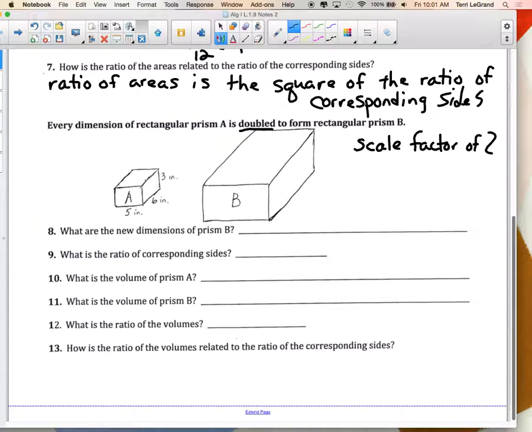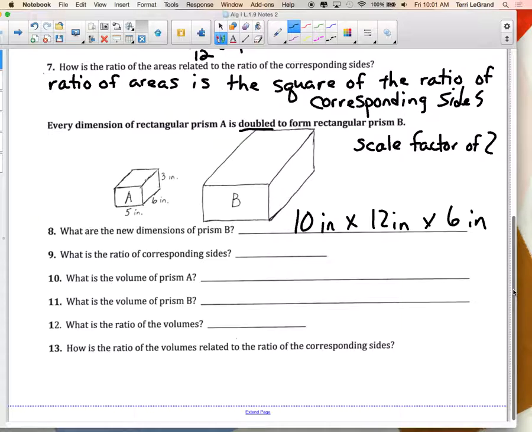So what would the new dimensions be for rectangular prism B, instead of 5 inches by 6 inches by 3 inches? Austin? 10 inches by 12 inches by 6 inches. Is that what I heard? Okay. Everybody agree? Okay.